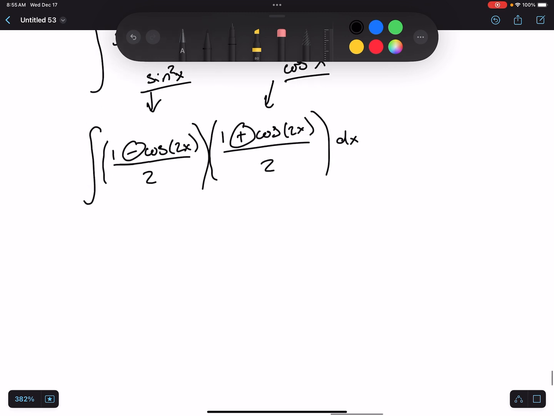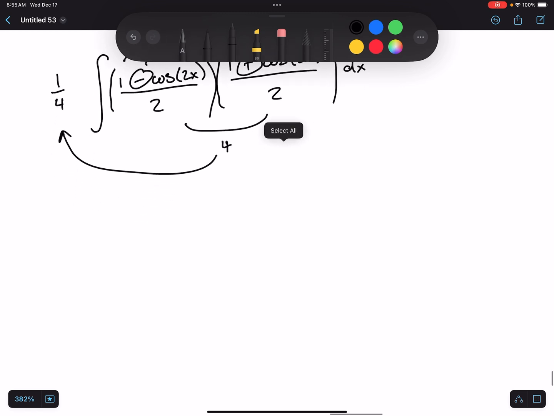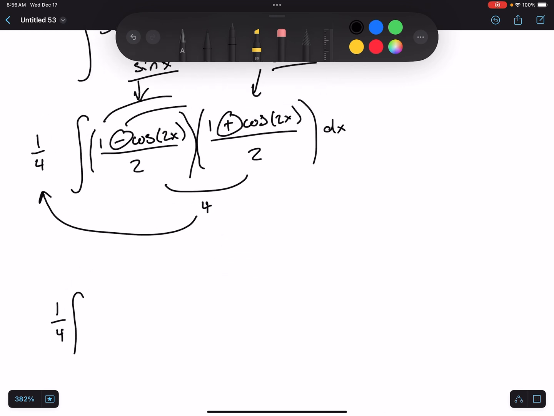So now, what we can do is multiply the denominators to get 4, and put that out front as a 1/4, and then we can FOIL the numerators. So let's clean this up a bit. We'll write 1/4 out front times the integral, and then we'll go ahead and FOIL the numerators, and we'll get 1 plus cosine 2x, and then minus cosine 2x, so we just won't write anything for those because they negate each other.